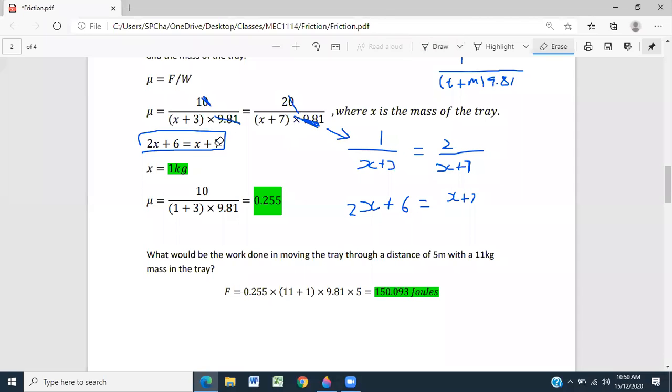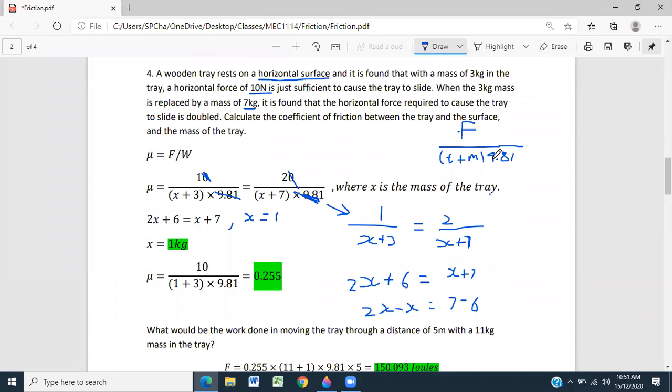Now, solving for x is as simple as 2x minus x is equal to 7 minus 6. So we can say x is equal to 1. And what is 1 in terms of? Well, we factored out the 9.81, right?